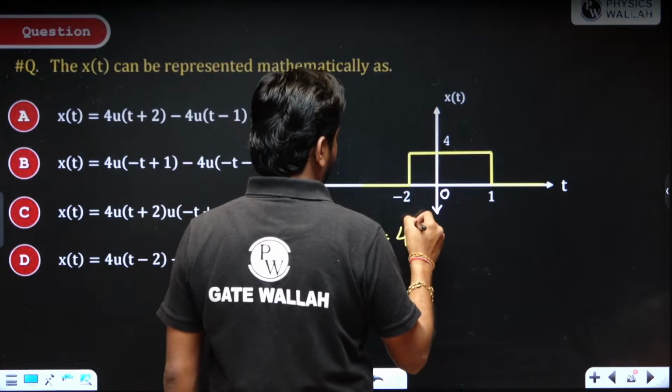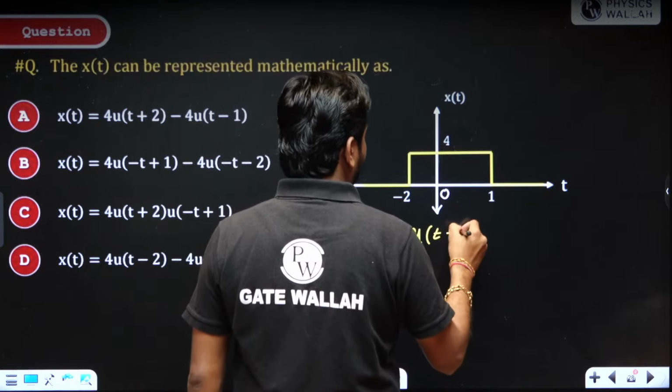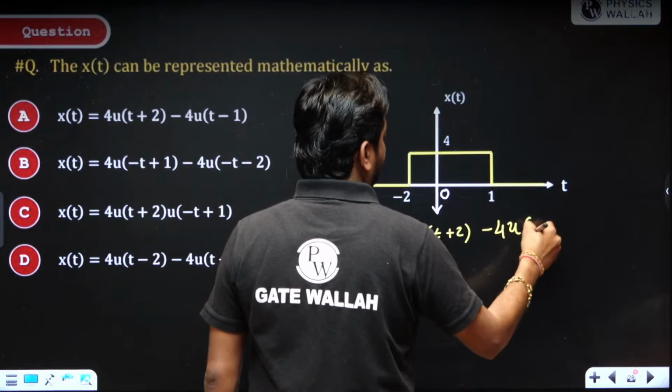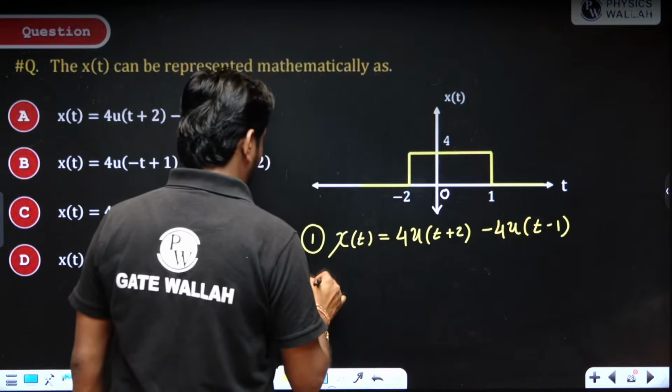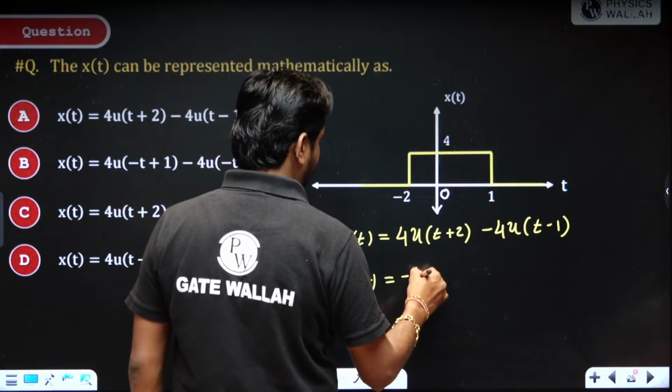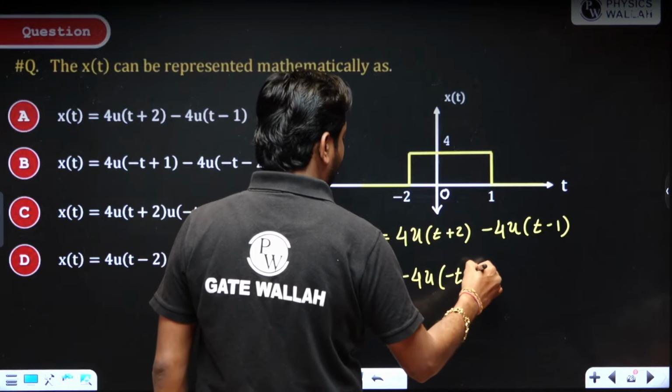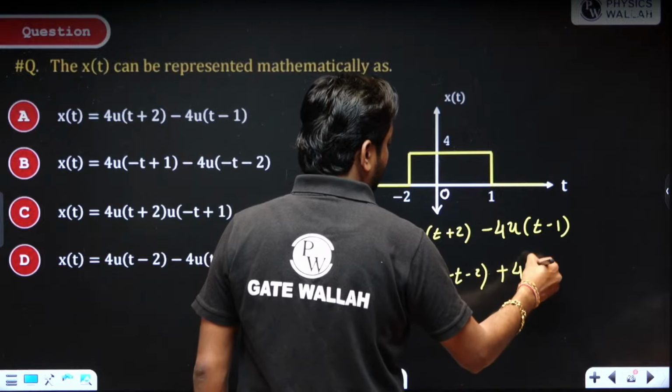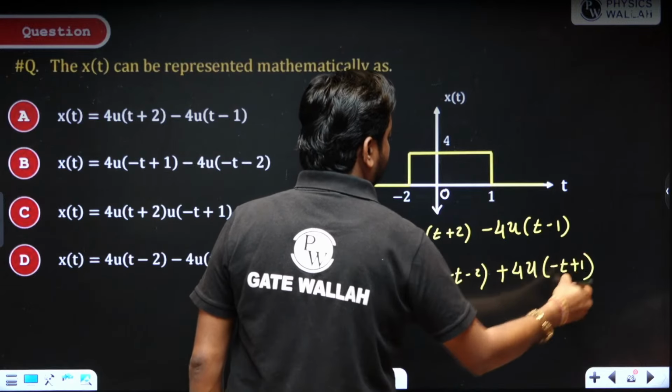So 4 u of t plus 2 minus 4 u of t minus 1. For left sided, change sign outside inside bracket. So minus 4 u of minus t minus 2 plus 4 u of minus t plus 1.